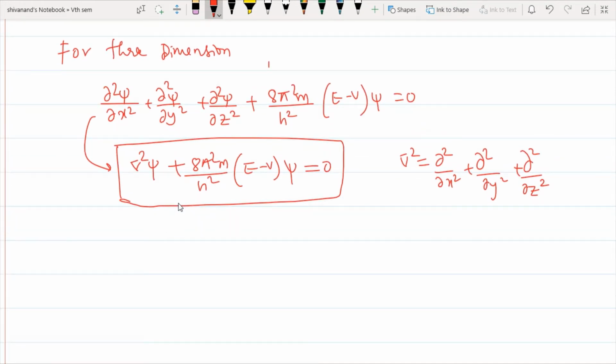This is the three-dimensional time independent Schrodinger wave equation.